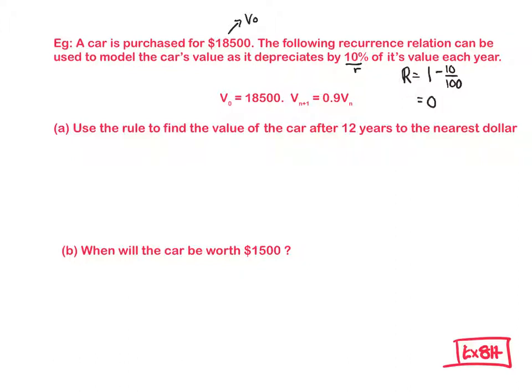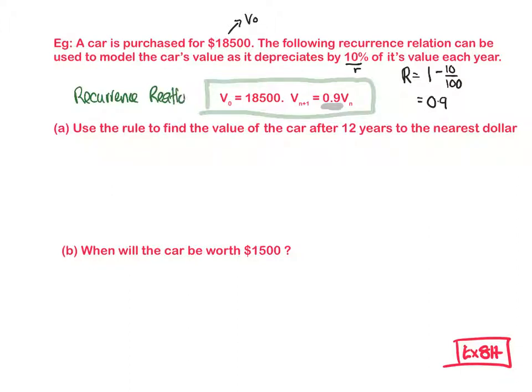Can you see that equals 0.9? That's how they found that. Okay, so this is the formula. When it's written out like this, with the n plus 1, that is a recurrence relation. If they ask for a recurrence relation, they want you to write it out like that.